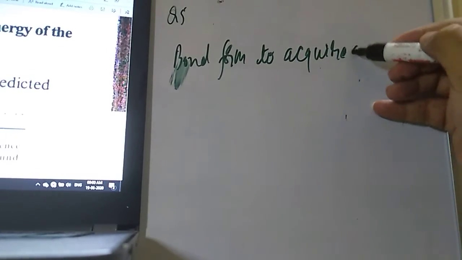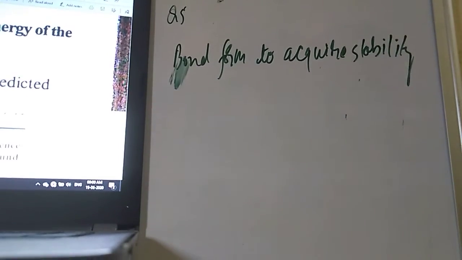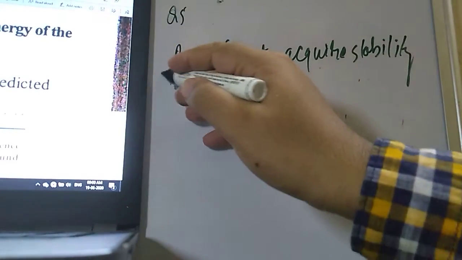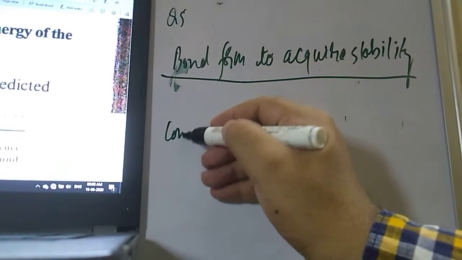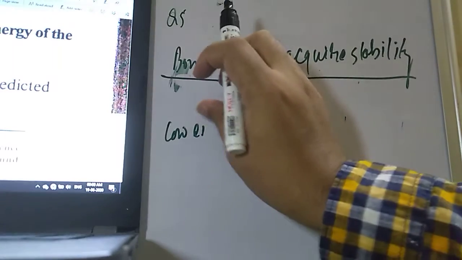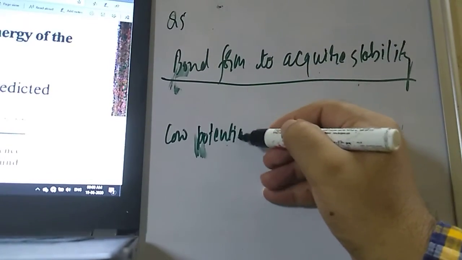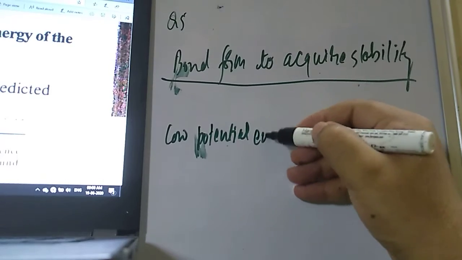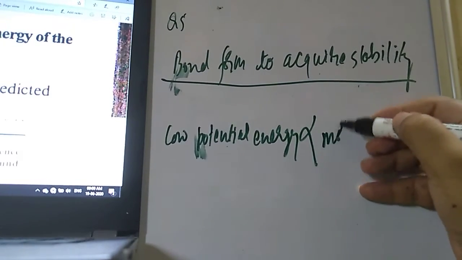To acquire stability. Okay, to acquire the stability. Now dear student, the bond is being formed to acquire stability. Of which kind? Low potential, low energy. Better to write it, student: low potential energy is proportional to more stability.